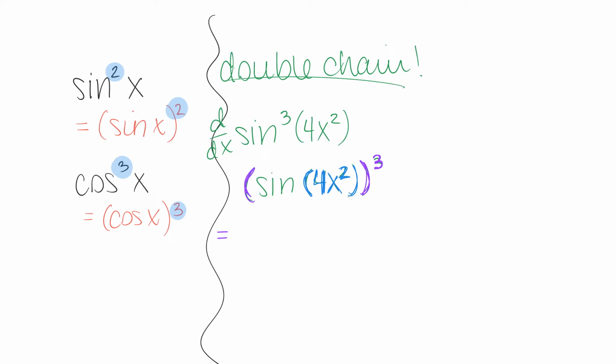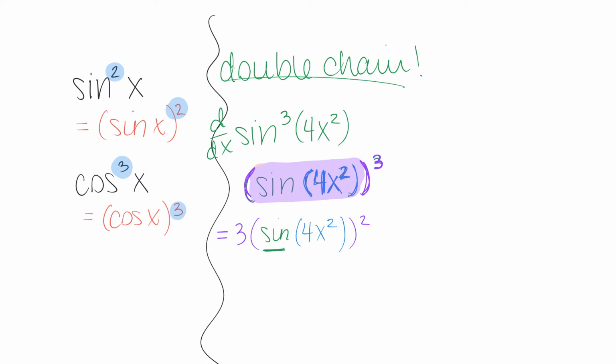What is the derivative of something cubed? Well, the derivative of something cubed is 3 times something squared, and that something was sine of 4x squared. Now we're going to multiply it by the derivative of the next layer.